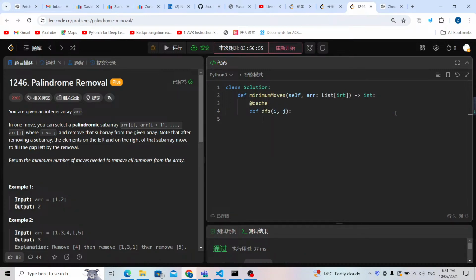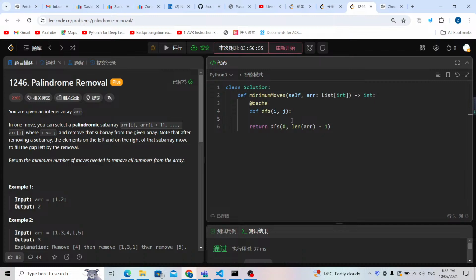Finally, I'm going to call this function as DFS from 0 to length of the array minus 1. The definition of DFS(i, j) is the minimum number of removals needed to remove all numbers from the array in the range i to j. This is the range.